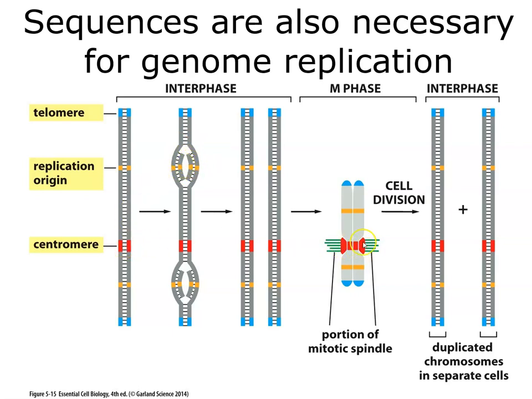Centromere sites are where the mitotic spindle will bind and recognize. These different sites in blue, yellow and red are actually sequences in the DNA that are recognized by different proteins that help to duplicate it or during cell division. They're necessary, important, and sufficient for doing these different things.